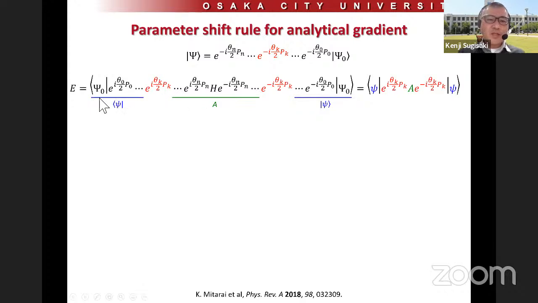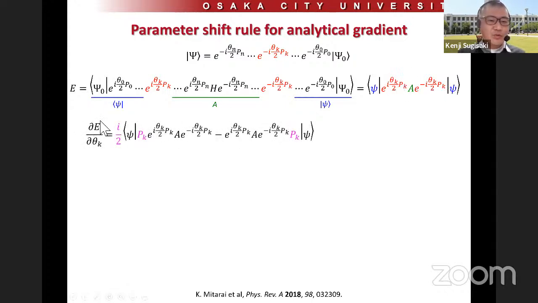And for convenience, we write this term as psi, and this term as A, and this term as psi. So E can be rewritten as psi, this exponential operator, A, exponential operator, psi. So we want to calculate the gradient with respect to theta k. So we want to calculate delta E over delta theta k.